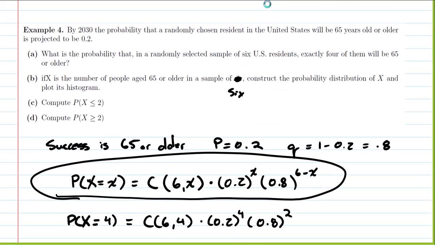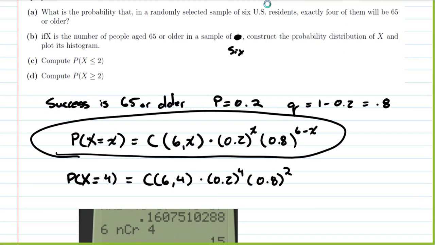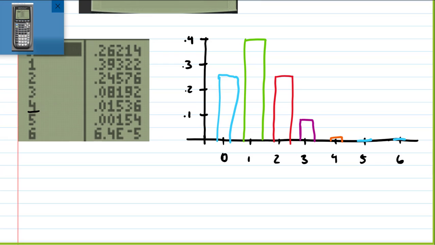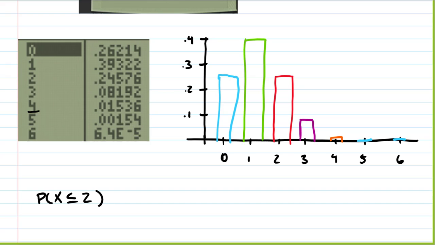All right. Part C says, compute the probability that X is less than or equal to 2. Well, what's that going to be? The probability that X is less than or equal to 2 is going to be these guys, right? So that's going to equal 0.26214 plus 0.39322 plus 0.24576.